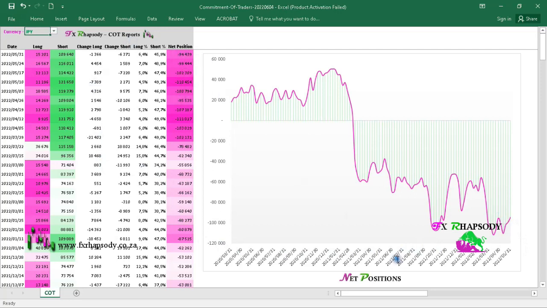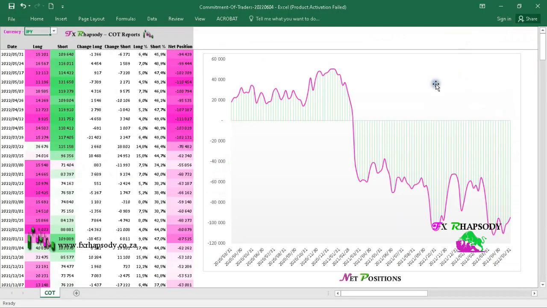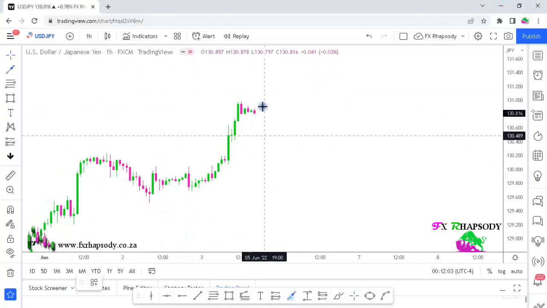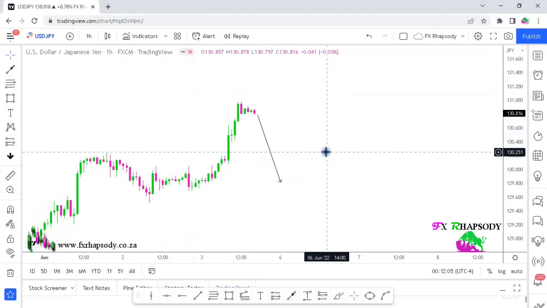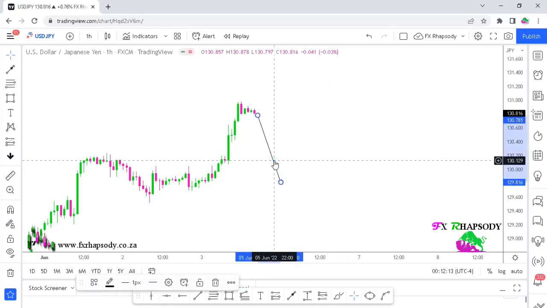And remember, on the COT reports side of things, if that net position gets smaller, meaning if it goes into the negative 80s and so forth, you will see price falling, because we are looking at it against the USD dollar. So then you will start seeing price going to the downside. So definitely looking forward to seeing what this pair is going to be doing this week coming.